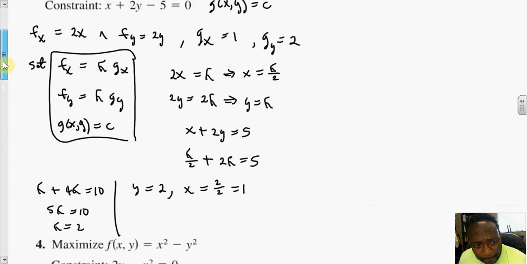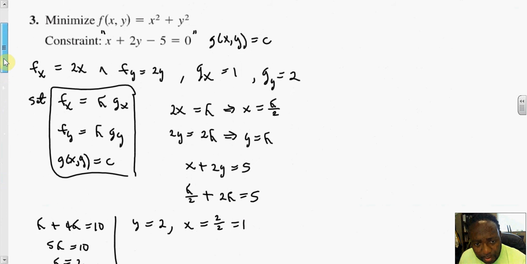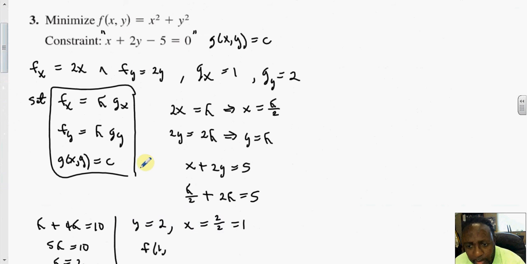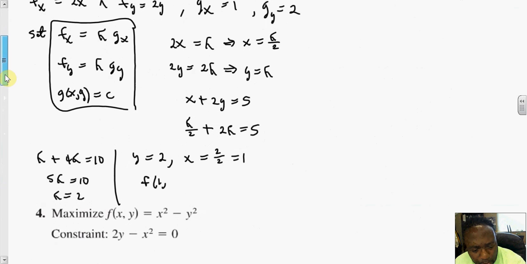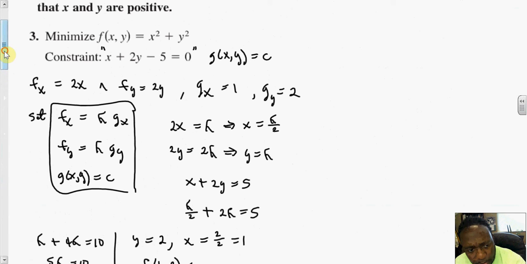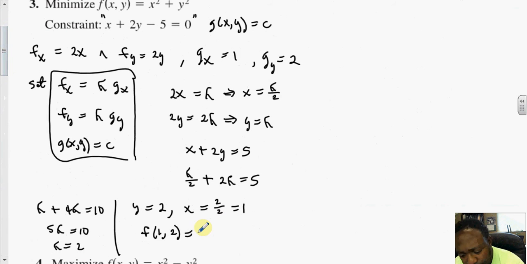Now, this value that we get here, it's telling us that you want to minimize. We only get one point. So f of x, y, where x is 1 and y is 2, is equal to x squared plus y squared.